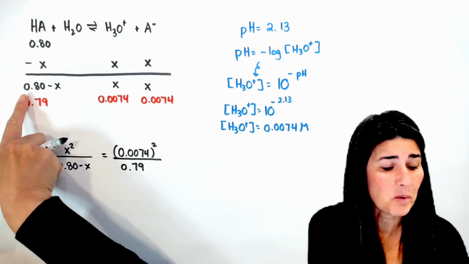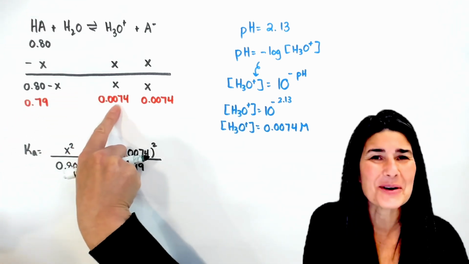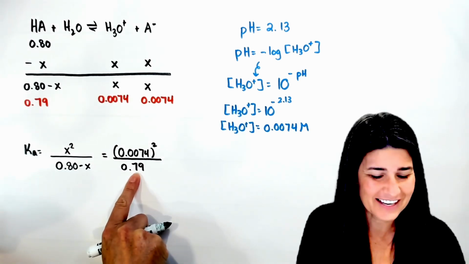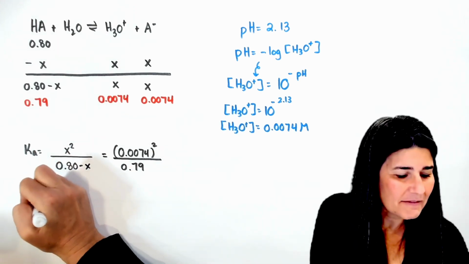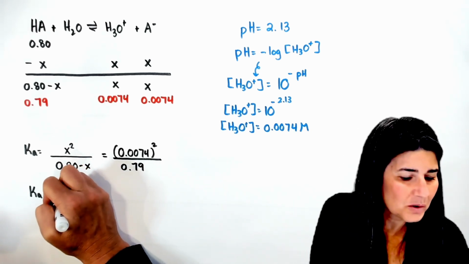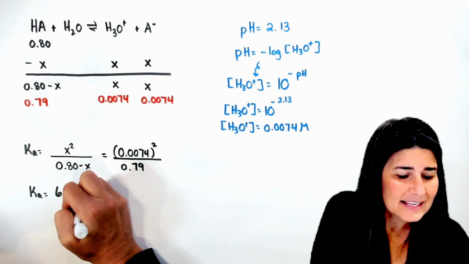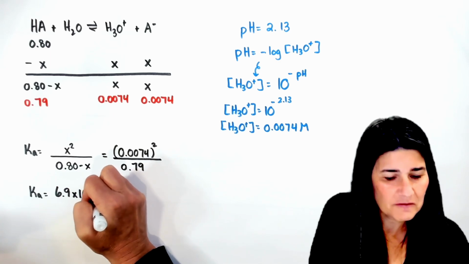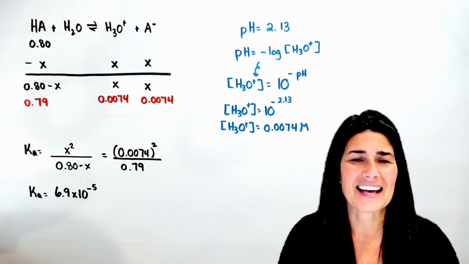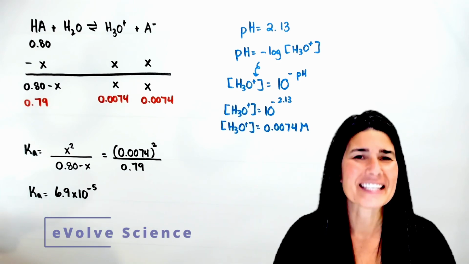Sorry, I think I misspoke. 0.80 minus 0.0074 gives us the 0.79 that we're going to put down here. And then if you divide those out, you get a Ka value equal to 6.9 times 10 to the minus 5, no units, and that's fairly typical of a weak acid. I hope that helps. Take care.